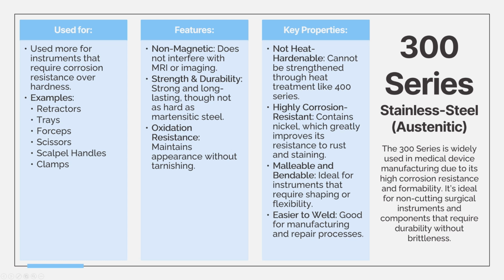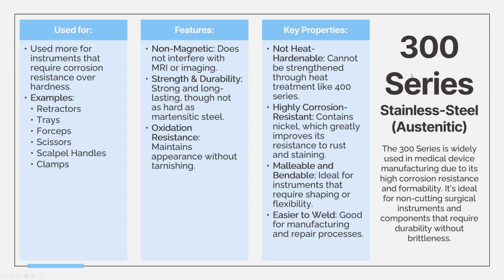And if you think about it, retractors and clamps are constantly touching blood and tissue, because their whole job is to keep them in place, right? So its superior resistance to rust makes it especially useful in instruments exposed to fluids, as mentioned, or used in procedures where corrosion would compromise safety.